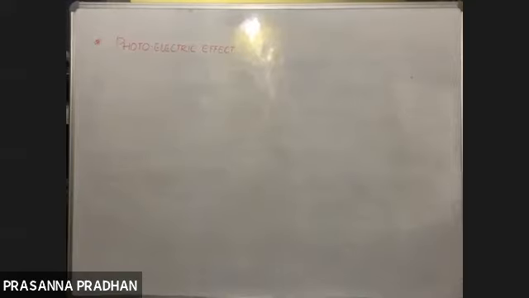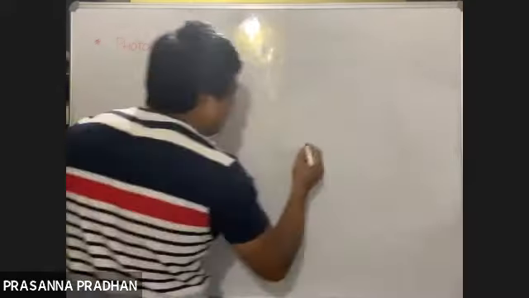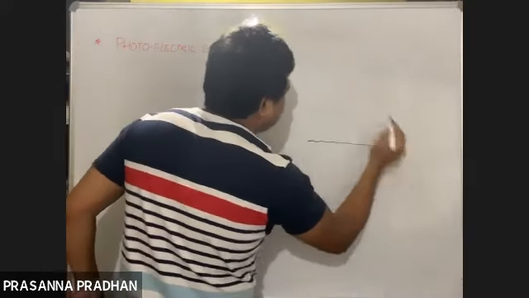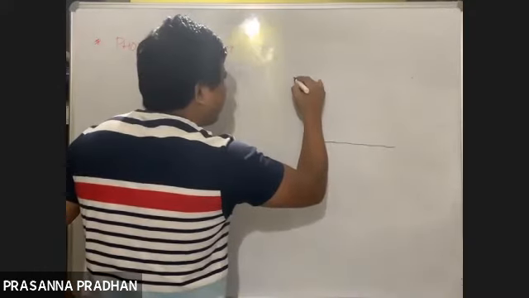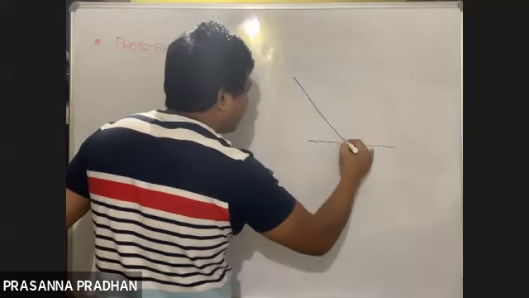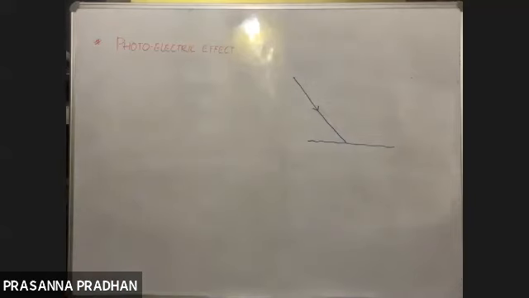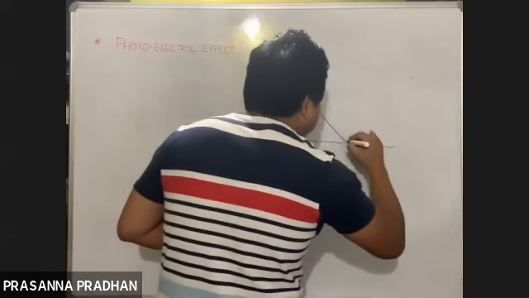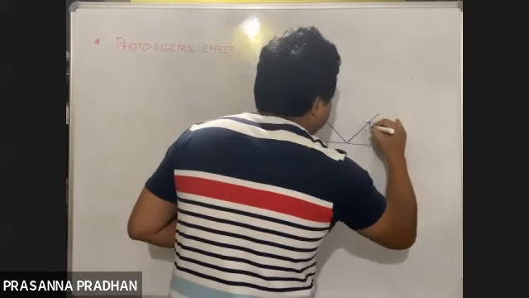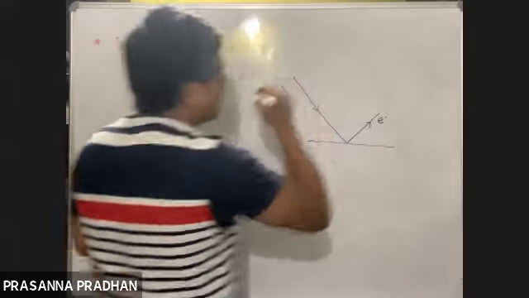Okay. So what do you mean by photoelectric effect is, now when light falls on the surface of certain metals, what happens? Here electrons are emitted, the electrons are ejected.